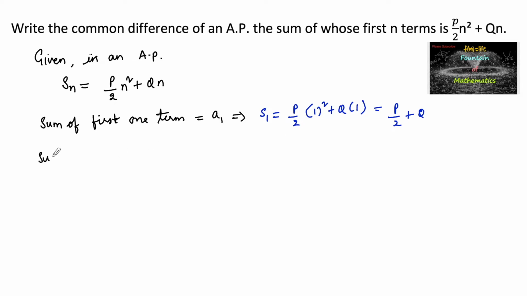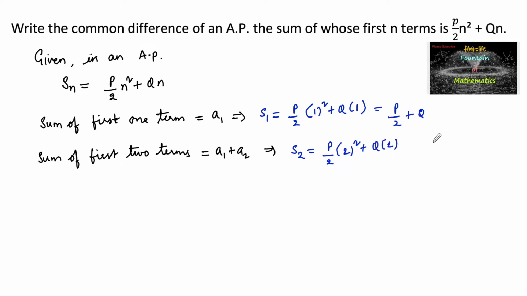And then the sum of first two terms, which can be taken as a1 plus a2. So here we shall consider n is equal to 2: s2 is equal to p by 2 times 2 square plus q times 2, which is equal to p by 2 into 4 plus 2q, that is s2 is equal to 2p plus 2q.